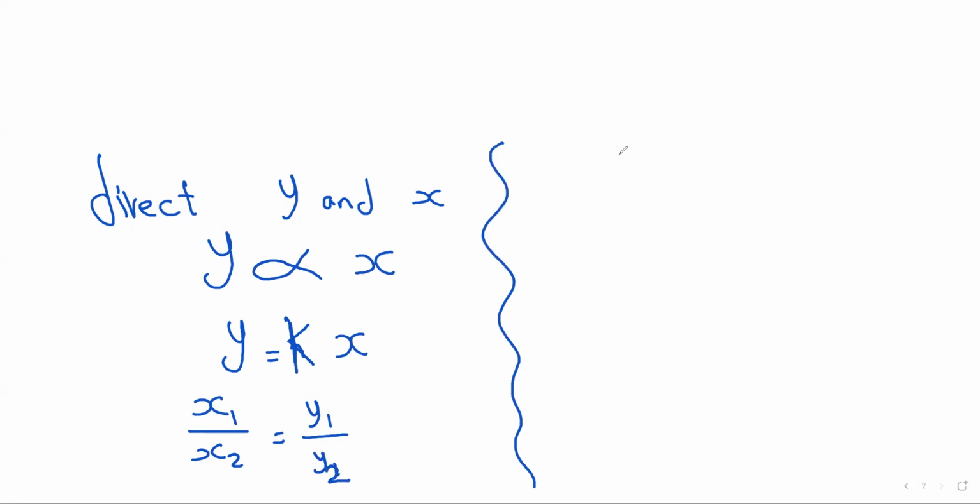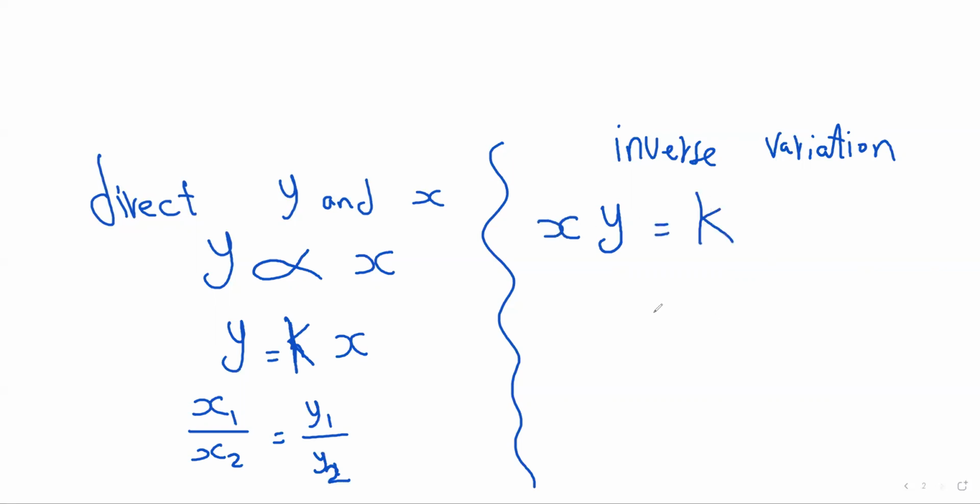And in the inverse variation, you would find that x multiplied by y equals k, and x1 over x2 equals y2 over y1.